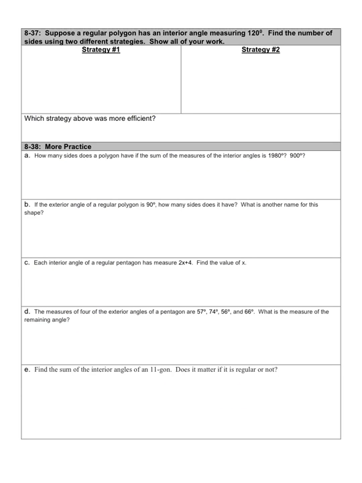Here we have a situation where we have a regular polygon that has one interior angle measuring 120 degrees. How could we find the number of sides using two different strategies? So before, on the first page of your notes, we talked about how that 120 degrees, the measure of one of those interior angles, came from taking the sum, n minus 2 times 180, and dividing it evenly among the number of angles that we have, or n.